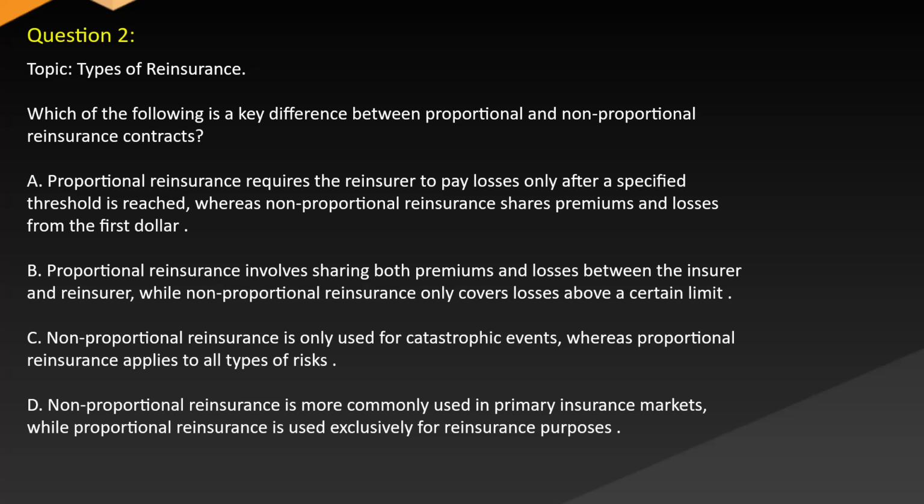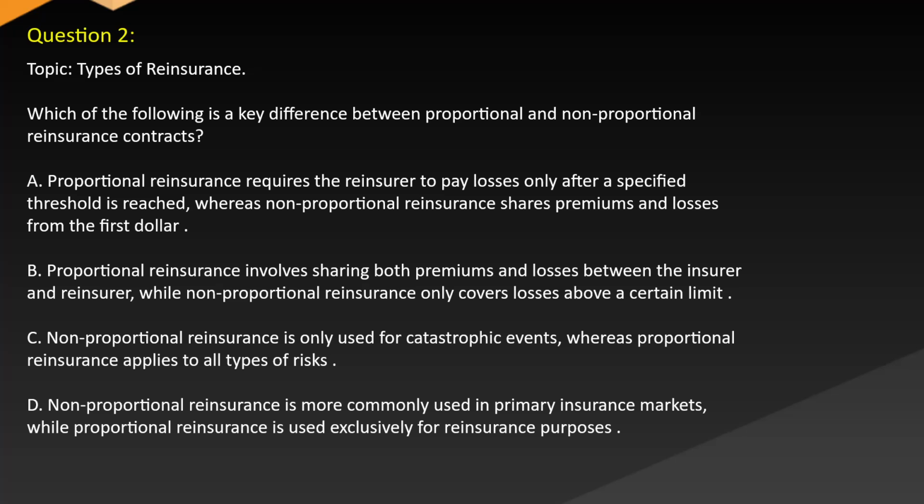Question 2. Topic: types of reinsurance. Which of the following is a key difference between proportional and non-proportional reinsurance contracts? A. Proportional reinsurance requires the reinsurer to pay losses only after a specified threshold is reached, whereas non-proportional reinsurance shares premiums and losses from the first dollar.